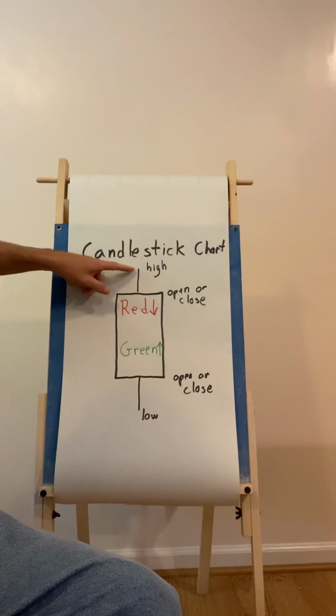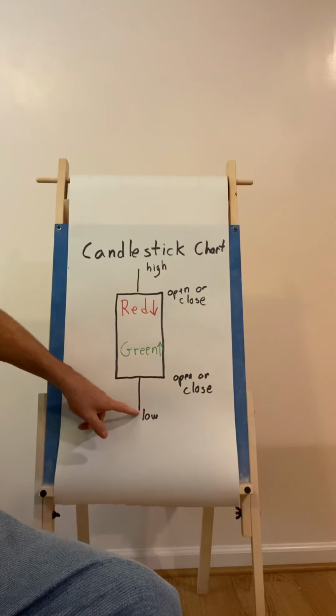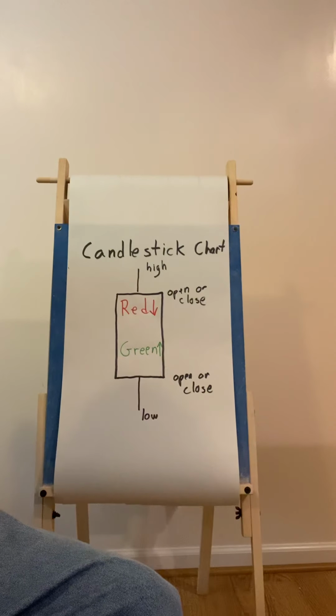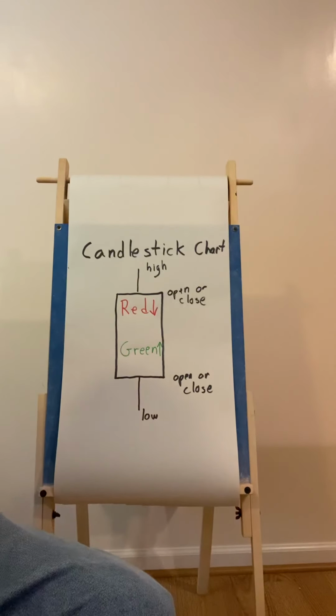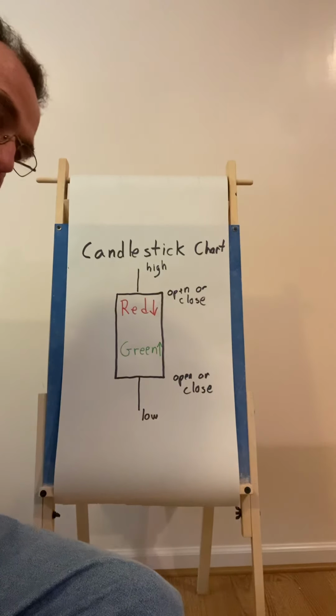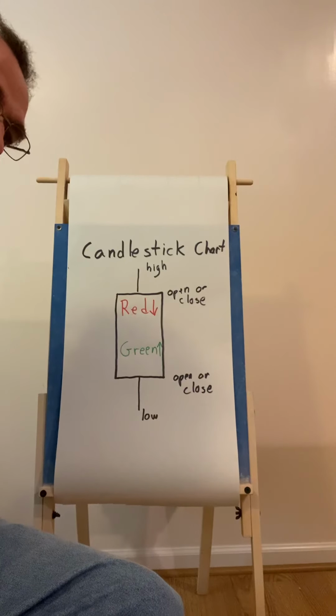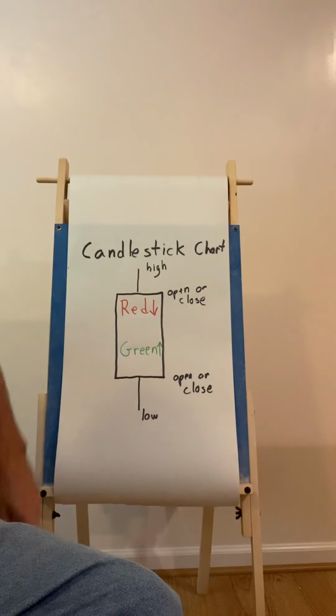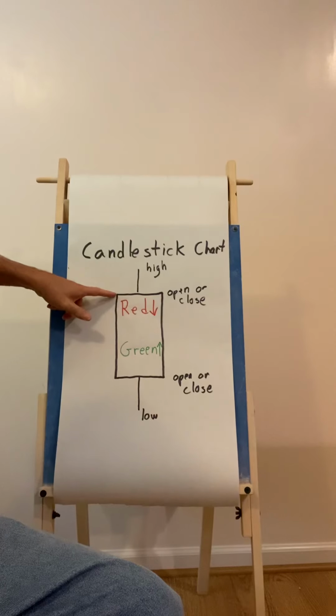Now, the high is the very tip of that line there, and the low is there. Then the rectangle, the top of the rectangle represents the open or the close, and the bottom of the rectangle is the open or the close. The candlestick charts are color-coded to indicate if it opened low and closed high.